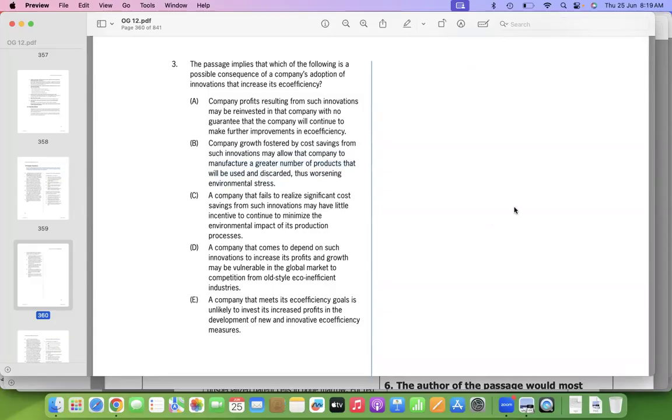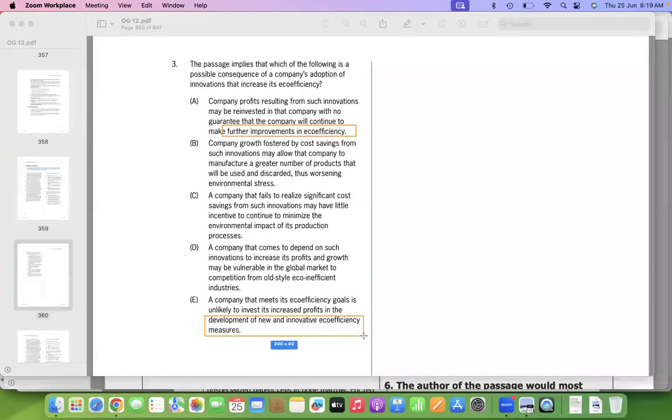So many of you have gone with A. But A talks of improvements in eco-efficiency. So does E, development of new innovative eco-efficiency measures. How is A different from E? All those who went with A? Aishna, Sanjay, Isha, Ayush, Ruparup. They're both talking about the same thing. And was our problem improvement in eco-efficiency?